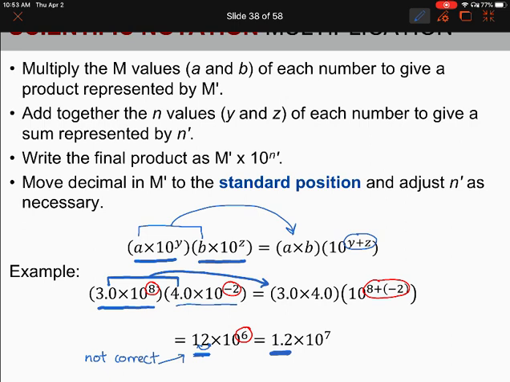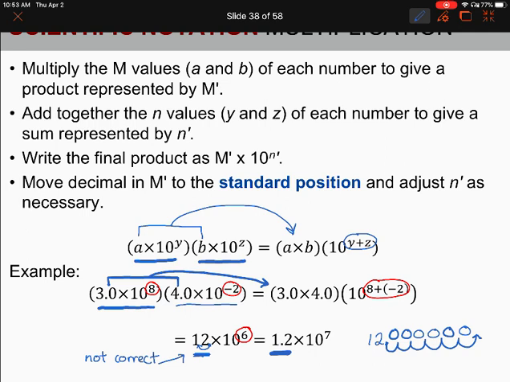So for instance, if we wrote out 12 times 10 to the 6th, initially we just have 12, and this is a larger number, so we're going to move our decimal once, twice, 3, 4, 5, 6. And then we want to figure out the correct scientific notation. So this would be 12 million as our value.